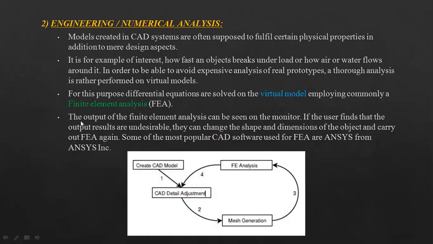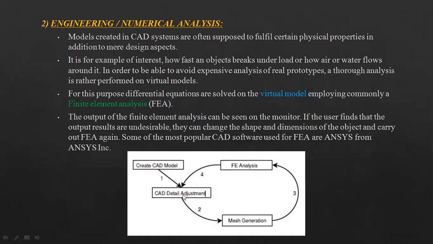That is the method used on the virtual model, right? The CAD model. The output of the finite element analysis can be seen on the monitor. If the user finds that the output results are undesirable, they can change the shape and dimensions of the object and carry out FEA again, right? So this is what you have here, the optimization cycle, right? So start from one, create a CAD model, okay, and then you have CAD detail adjustment, okay.